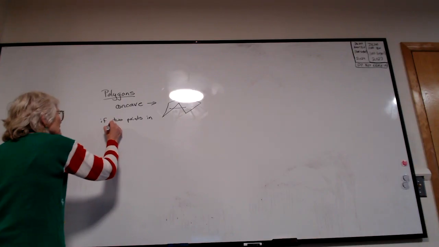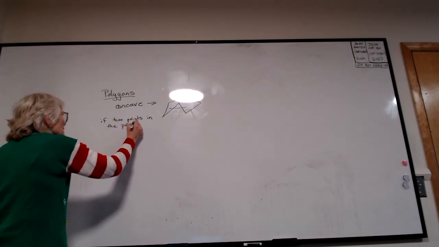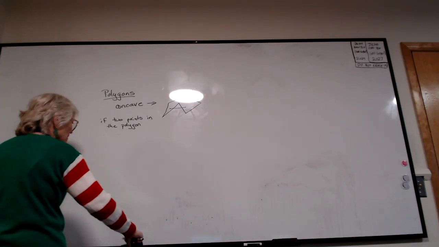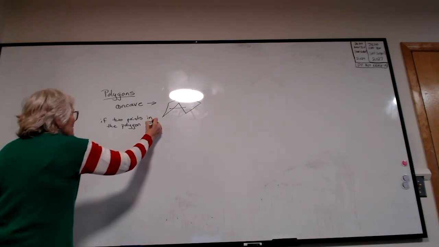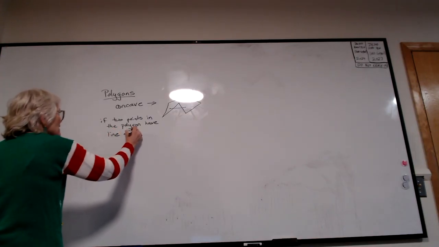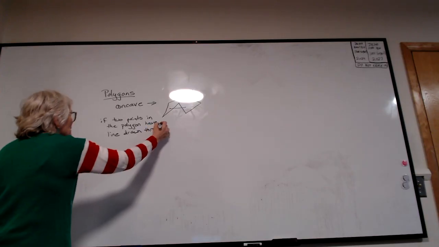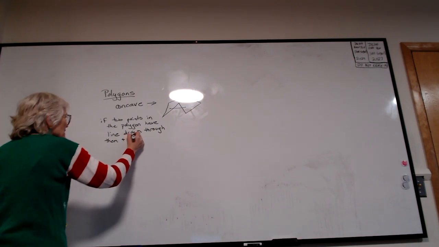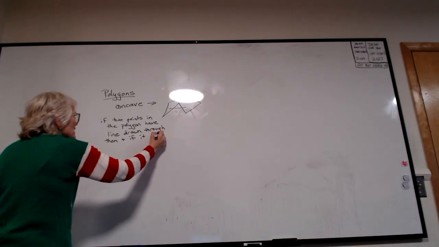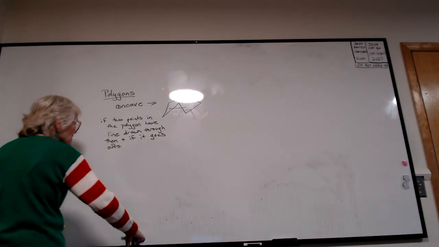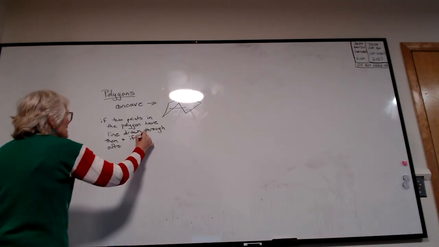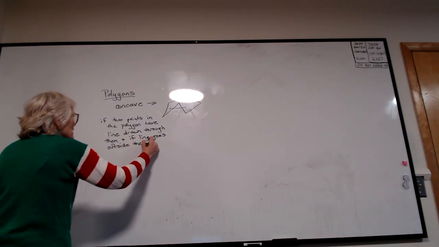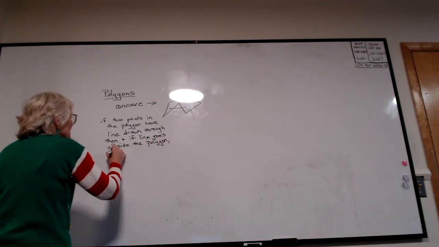Okay, so if 2 points in the polygon have a line drawn through them, and if the line goes outside, then it's concave.